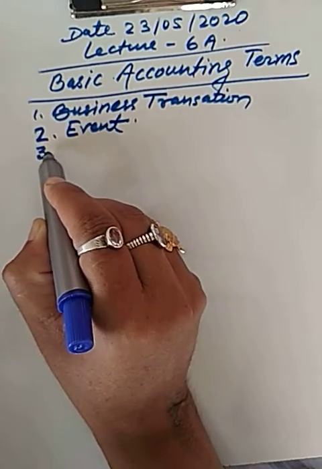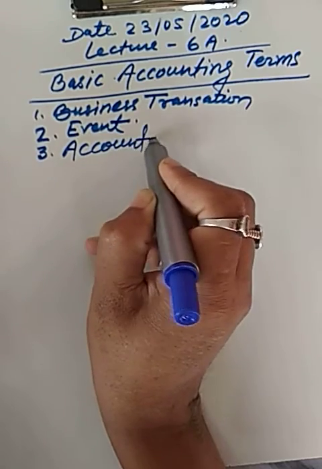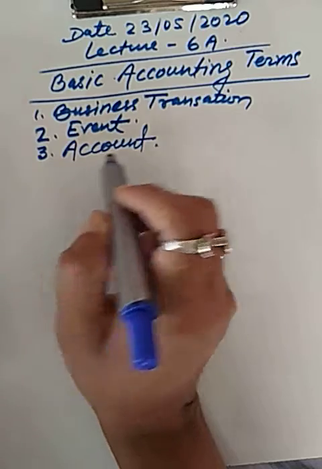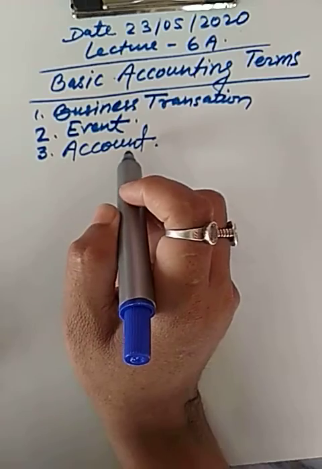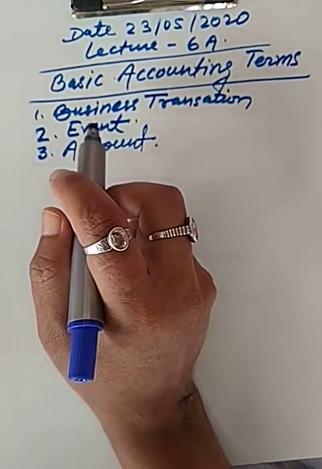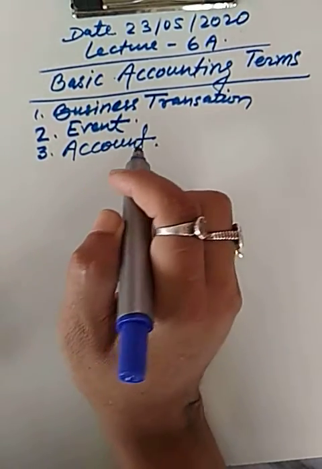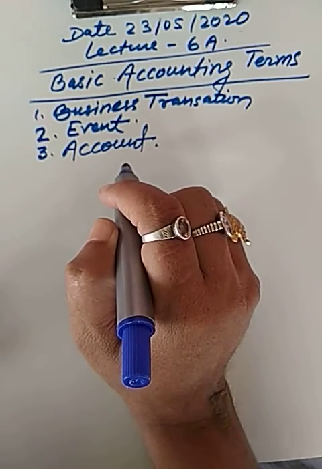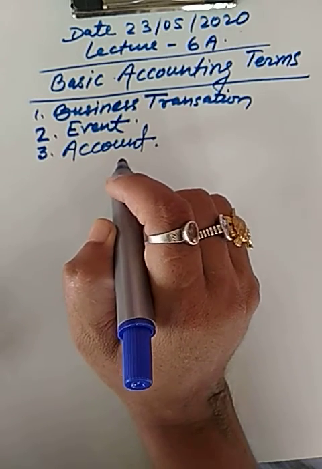Now the third point is account. In actual practice, the individual transactions of like nature are recorded, added and subtracted at one place.